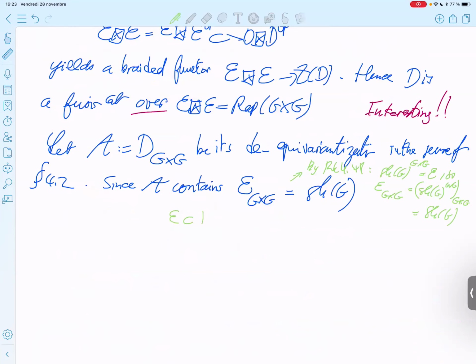So since A contains that, it automatically carries the structure of 1 and 2 of definition 4.45. So let me come back to that.